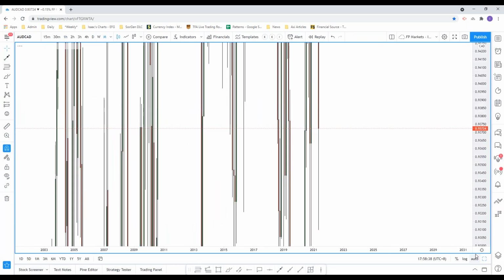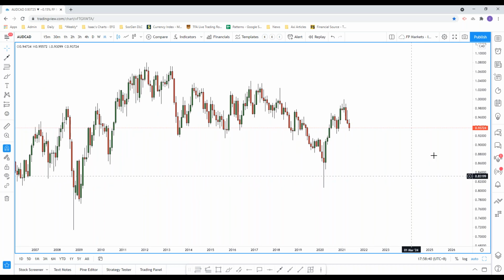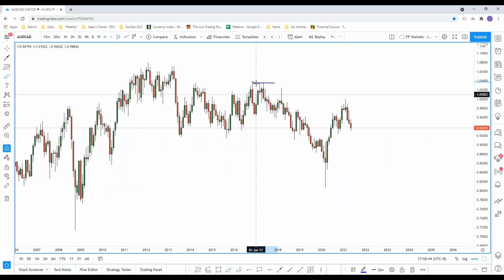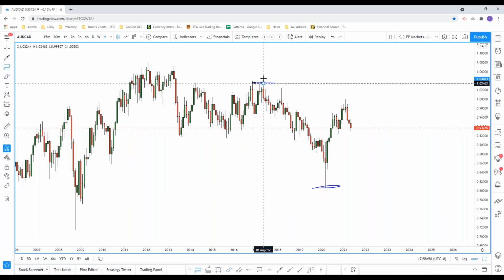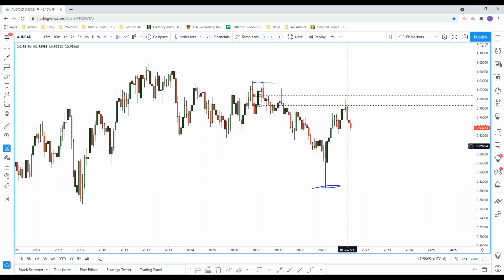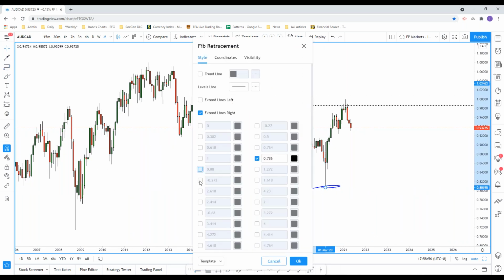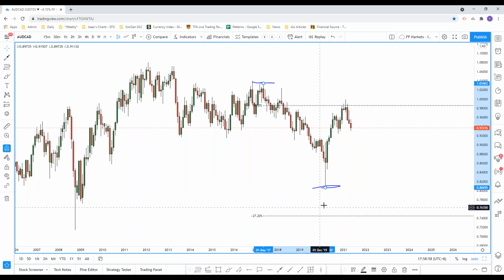Start off with the big time frame. I don't like the way the Aussie is actually moving, but anyway, there's a swing high over here, right? Price goes all the way down to over here. Very clear cut swing high to swing low. Draw in the direction of trend, high to low. Look at where price has reacted, 78.6. Now, 78.6, you can just open up the negative 27.20.